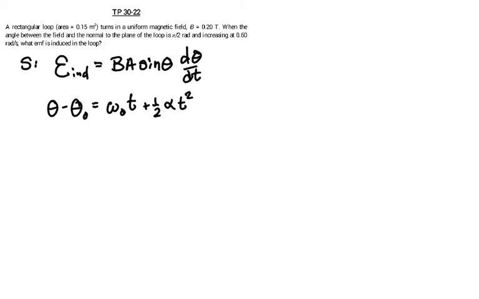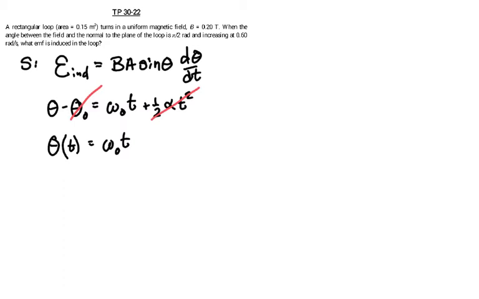If we have a constant angular velocity, then our acceleration term is out. We can also assume that our initial angle is also 0. So we're left with our time-dependent angle is equal to our angular speed times our time.